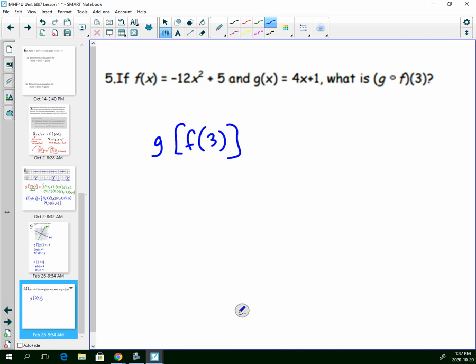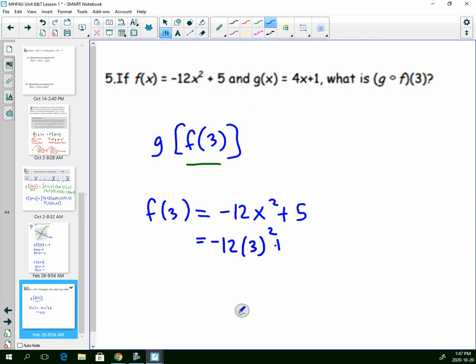So the first thing I have to do here is f of 3. So f of x is given as -12x squared plus 5. So I'm going to put in 3 into this function to get my output. So that output is -103.